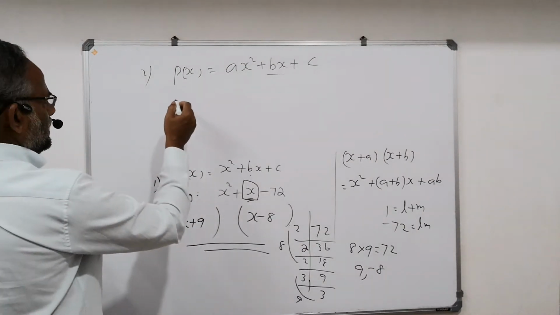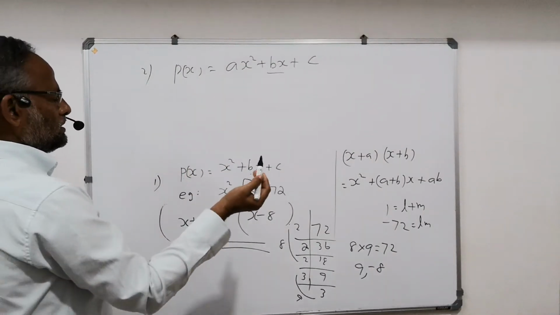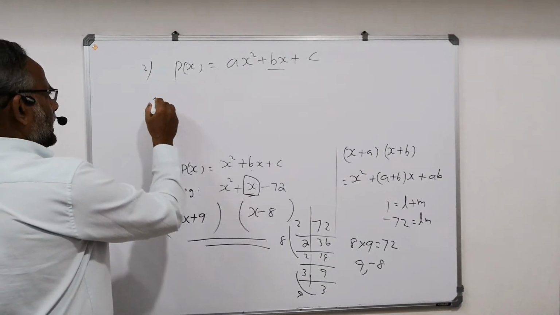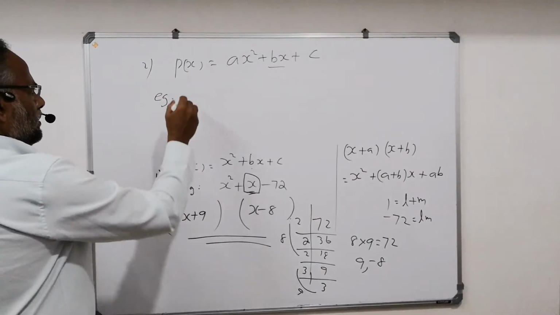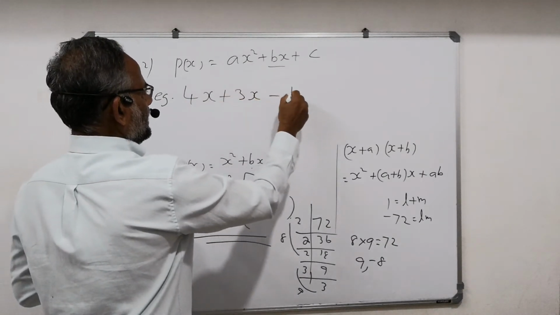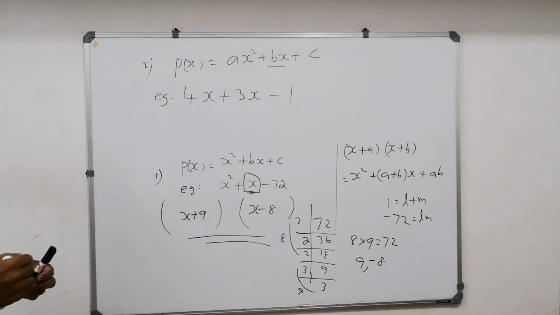Suppose the question here, example, minus 3x, does it matter, plus 3x, does it matter? Now, example for this one: 4x square, okay, plus 3x minus 1. Listen carefully, 4x square plus 3x minus 1.